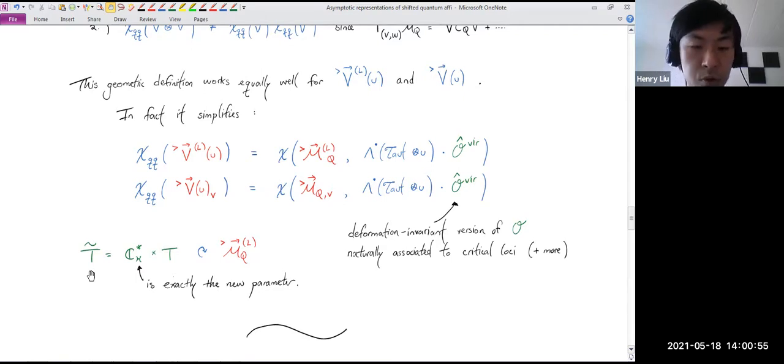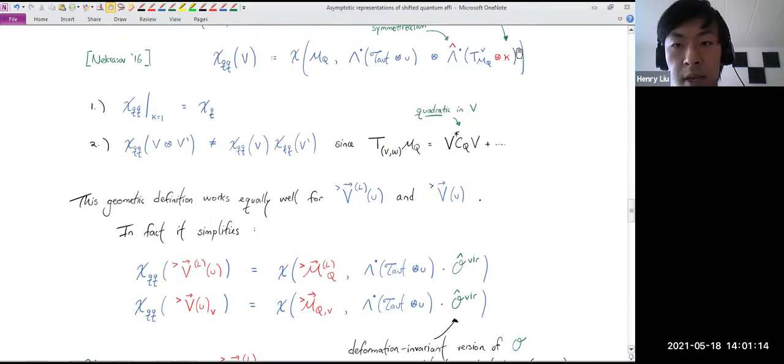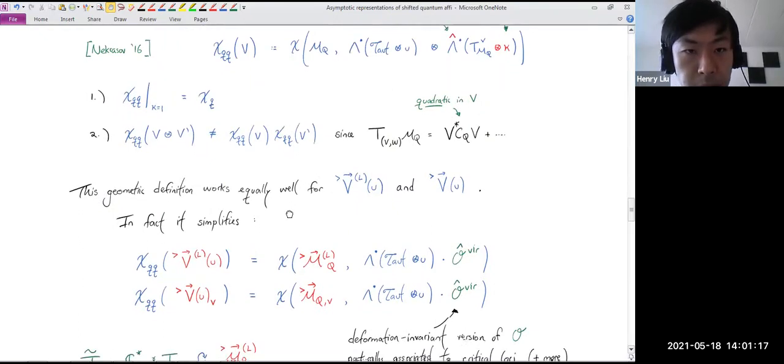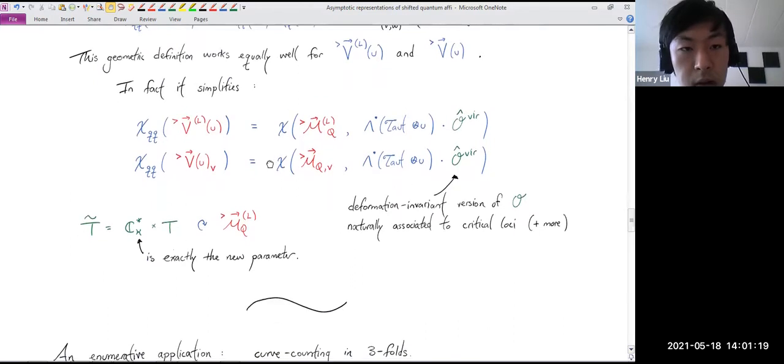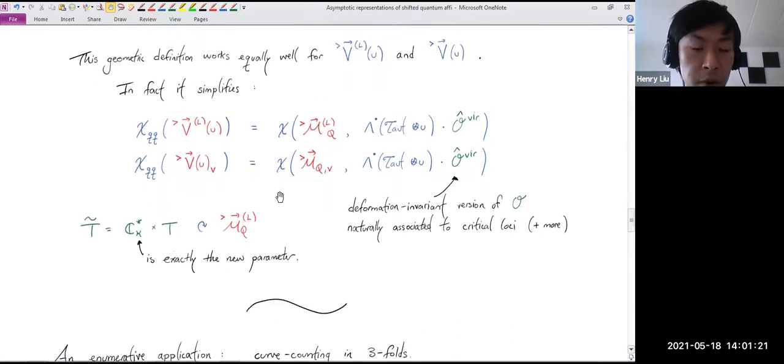And what this larger torus will do is scale the maps in your flag by a weight kappa. And that kappa turns out to be exactly this kappa from earlier, this kappa inside the QQ character. And so we get a very clean, very natural definition of QQ characters for these modules that we're interested in.